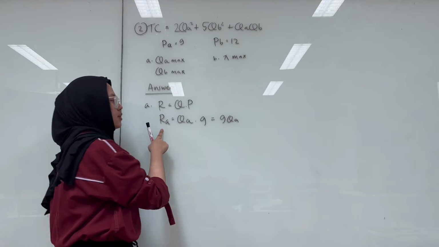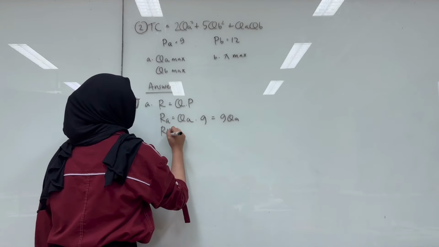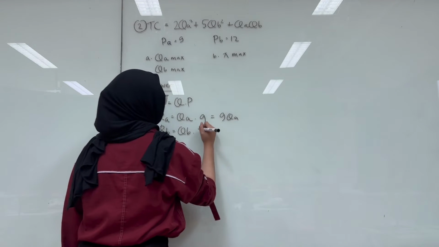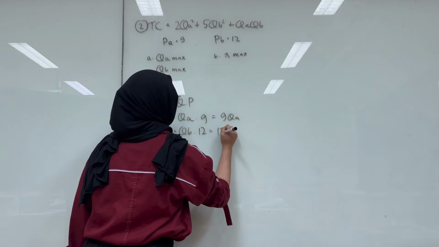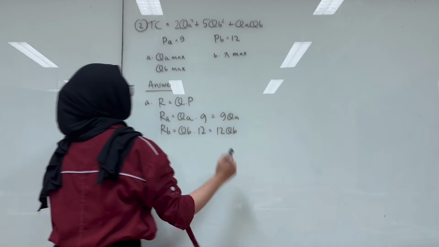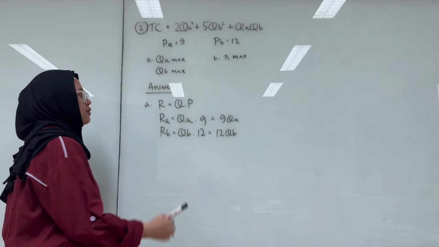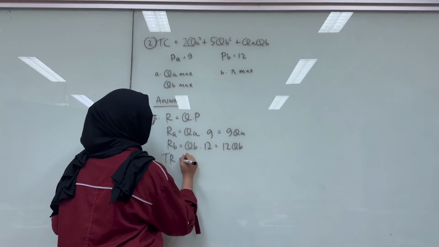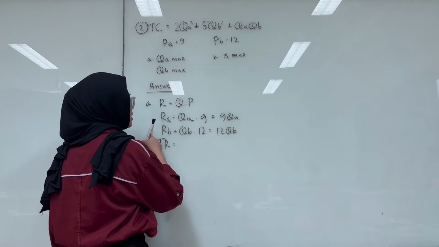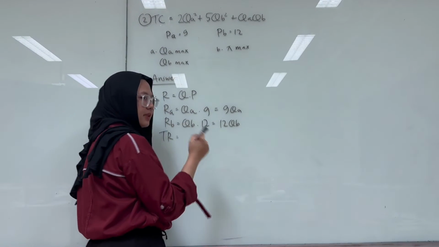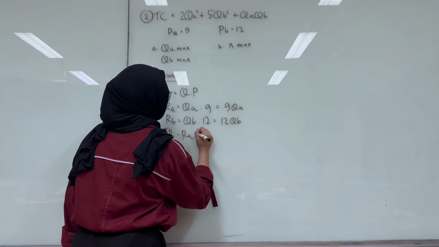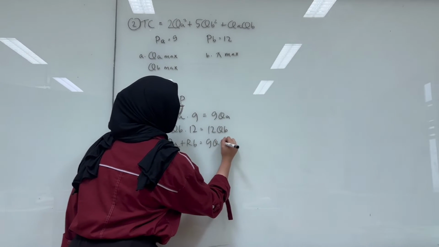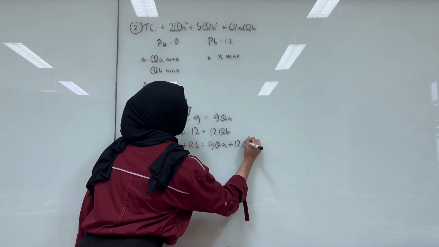This is the revenue for product A. For B, we do the same: QB times the price of product B, which is 12, so we have 12 QB. And the second step, we add them up for the total revenue. So revenue A plus revenue B is 9 QA plus 12 QB.